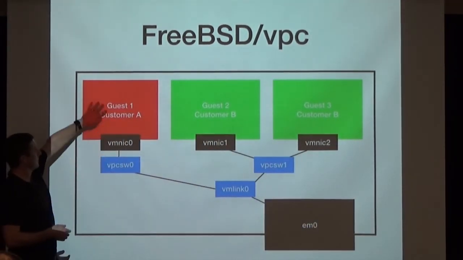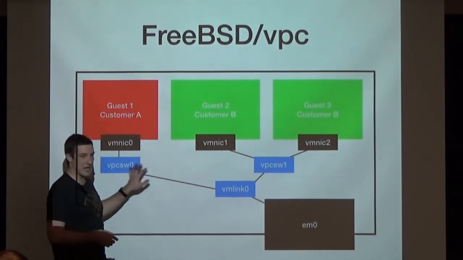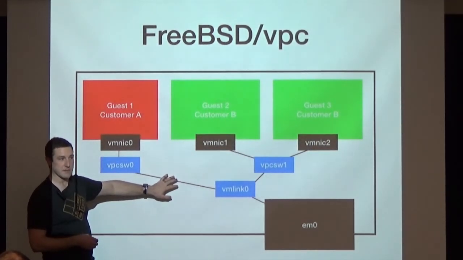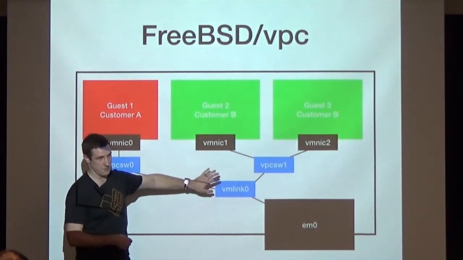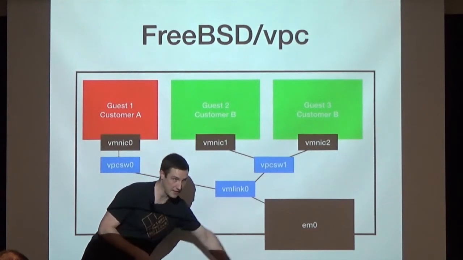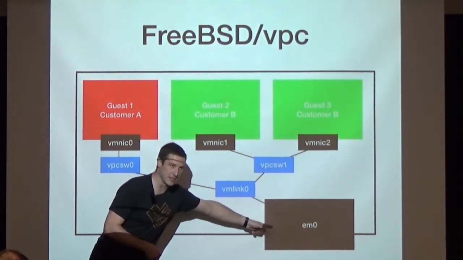So if you have a VM NIC running your Beehive guest, you're going to plug into a switch. You have a switch that's going to have an uplink to a router interface. It's going to have a default route to a NAT interface that will then hit a VPC link interface, or to an ETH link interface, which is a different type of interface that I didn't talk about, and then it will send your packet up.